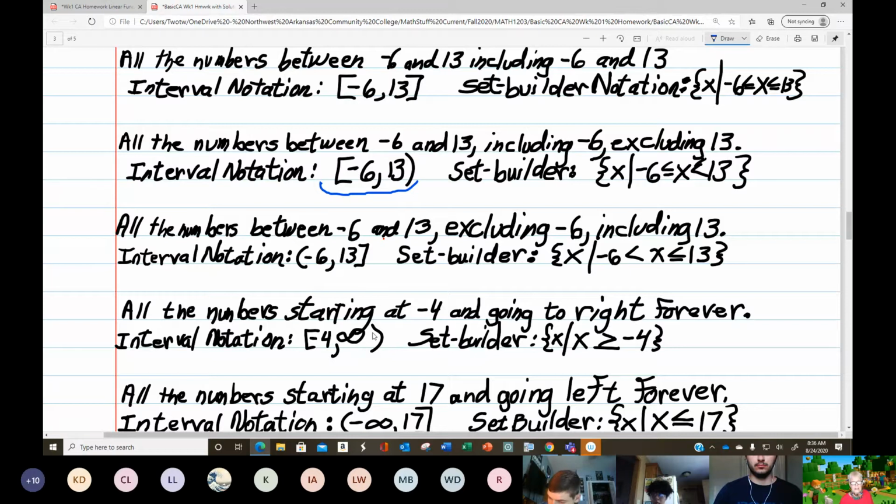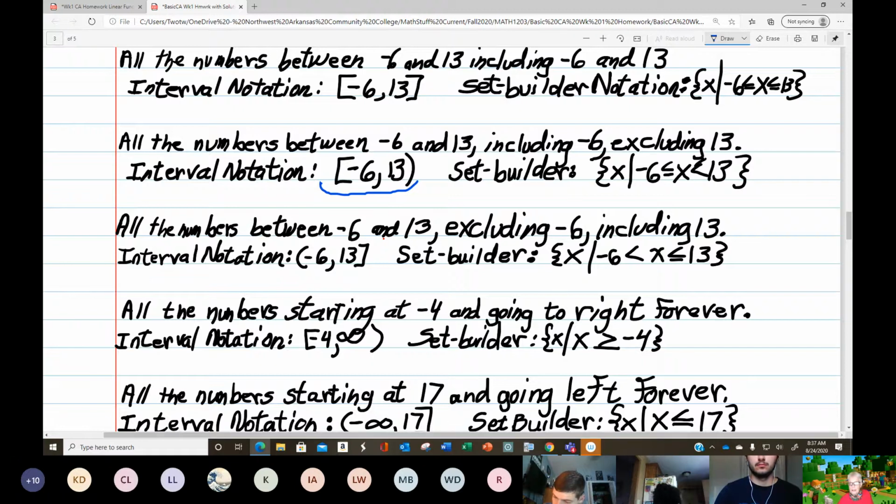So I make it infinity, and then I make a parenthesis because there's no way to measure infinity. There is no exact number that infinity is, so you can't say that x equals it. You have to put a parenthesis. Brackets mean equal, so you don't put a bracket, you put a parenthesis around infinity or negative infinity, because they're just symbols.